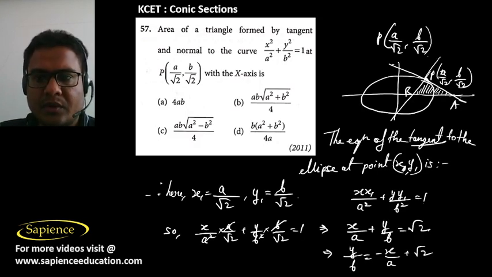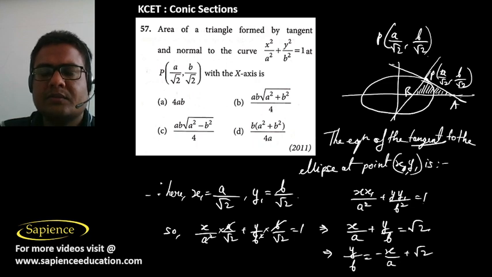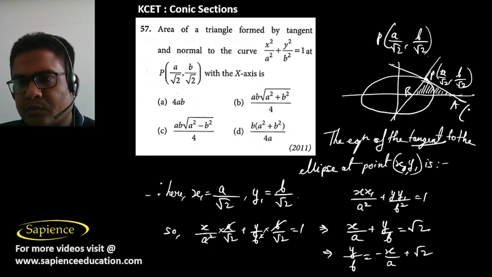It means that the coordinates of the point A will be a root 2 comma 0.